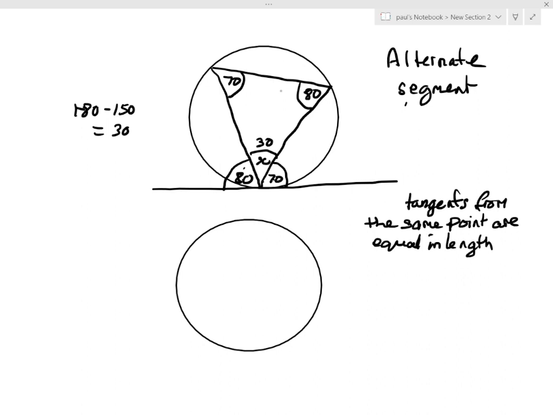Right, so we're going to do the center, and we'll do one there, a radius, and we'll do one there, a radius, and we'll do a tangent.